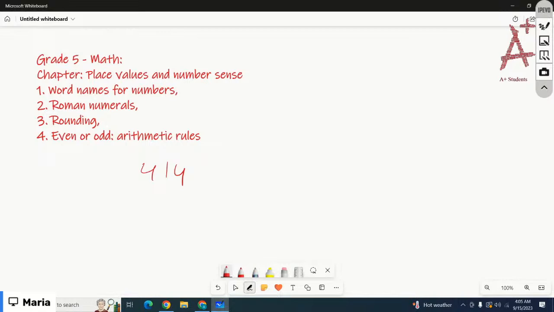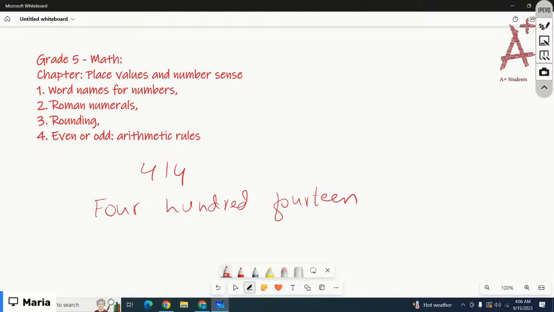You can express it in words when you're reading it. That is the word name for a number. You express them in word form.